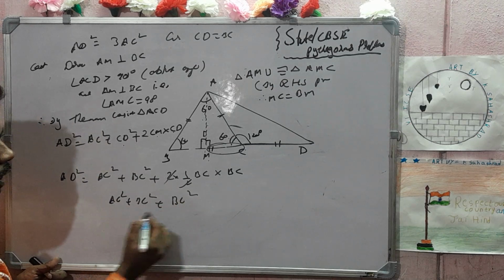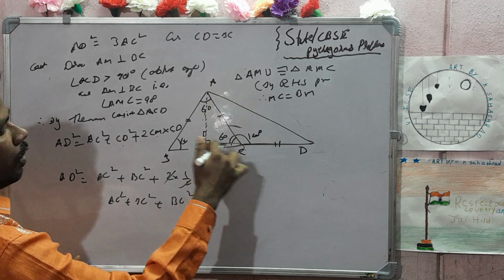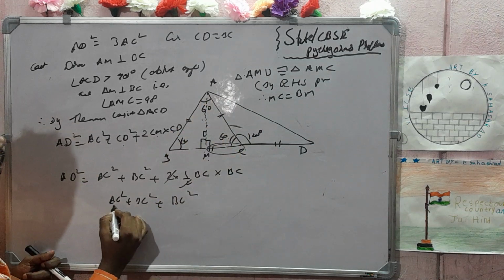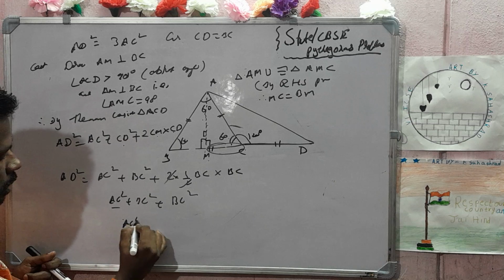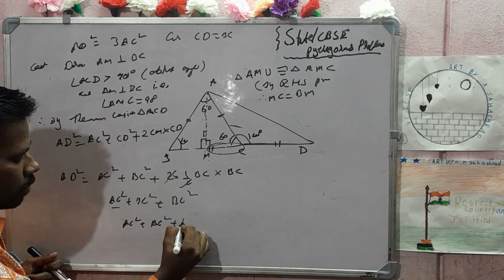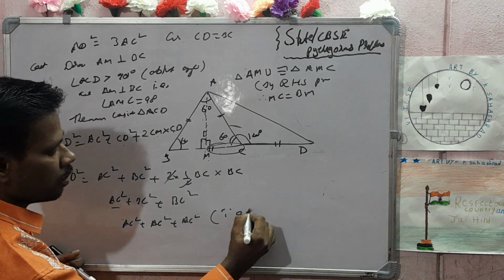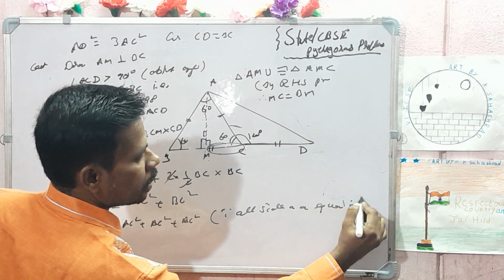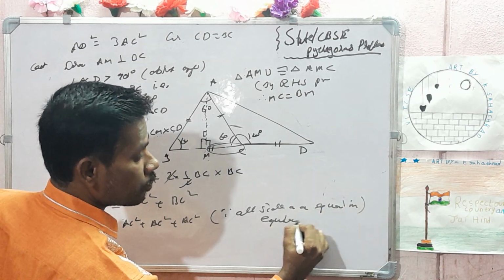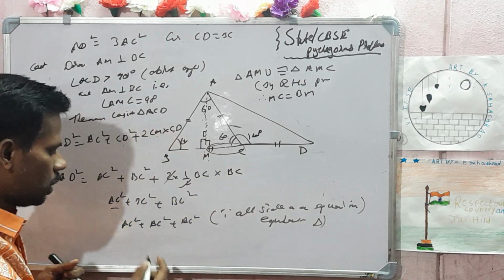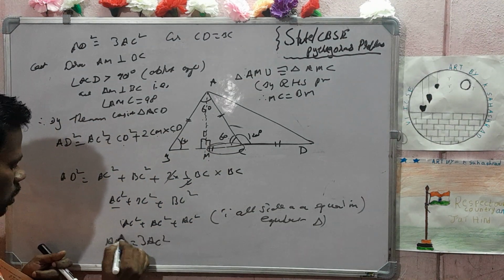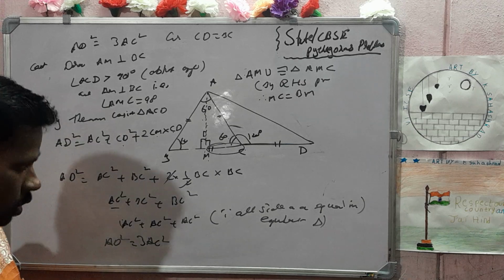So this is nothing but, again, in an equilateral triangle, all sides are equal to AC, AB, BC. So this can be written as AC square plus AC square plus AC square, since all sides are equal in equilateral triangle. Are you following what I am saying? Therefore, this is nothing but 3AC square. AD square is equal to 3AC square.